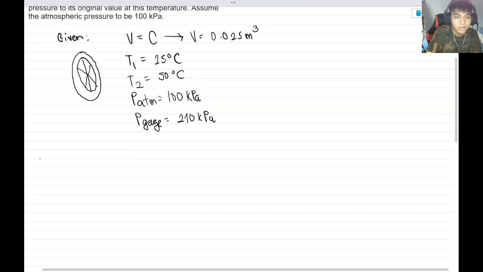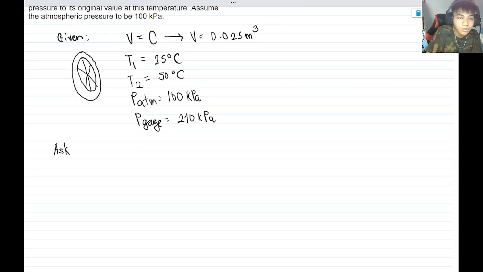And tinatanong sa atin, the amount of air that must be bled off. So you might be thinking it's the volume. No, the volume is constant. So it's the mass. The change in mass or the mass removed. Okay?